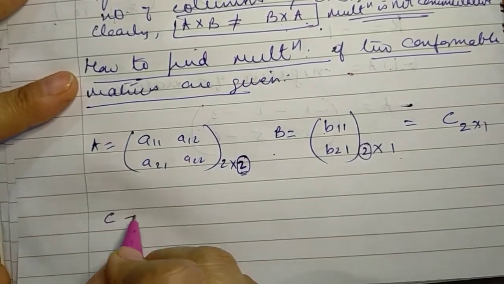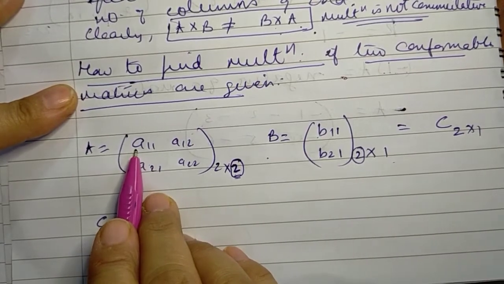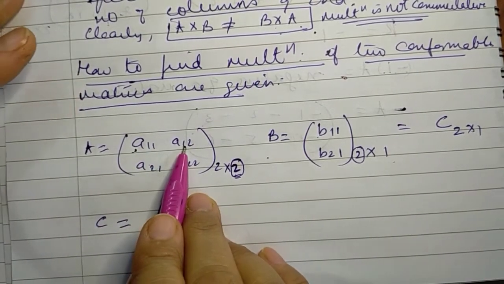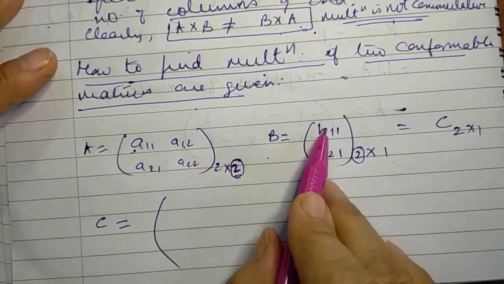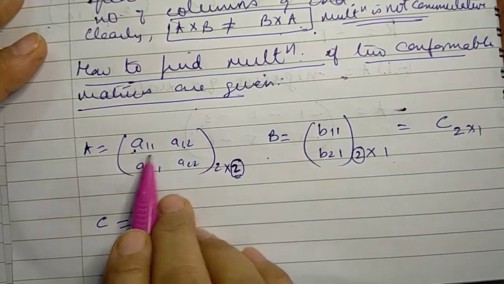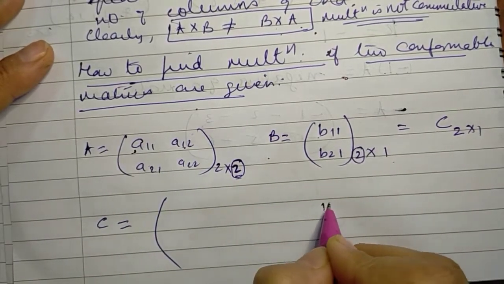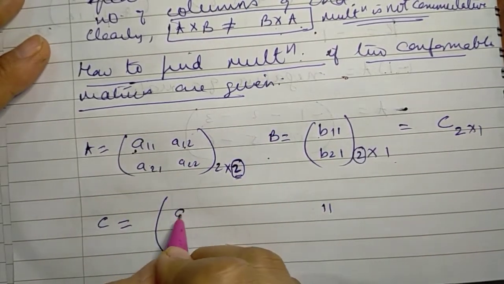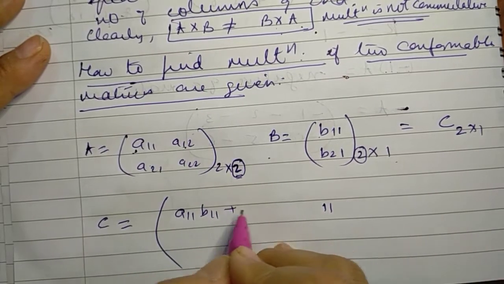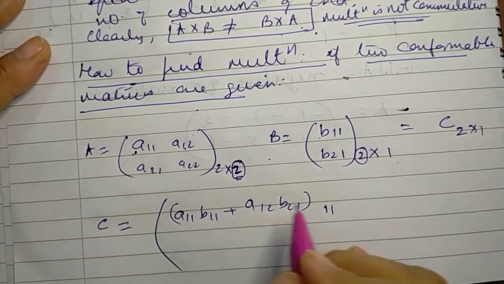Now how do we get the elements? We multiply all elements of the first row by the corresponding elements of the first column, that is the 1 1 position, and add them. So A11 B11 plus A12 B21.